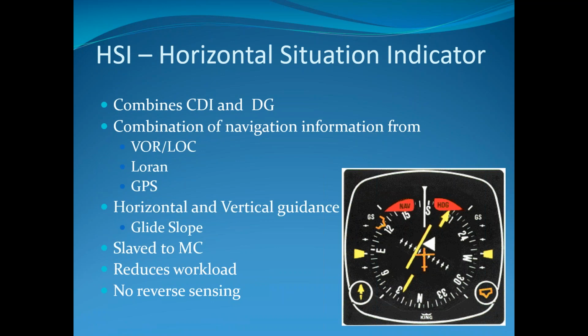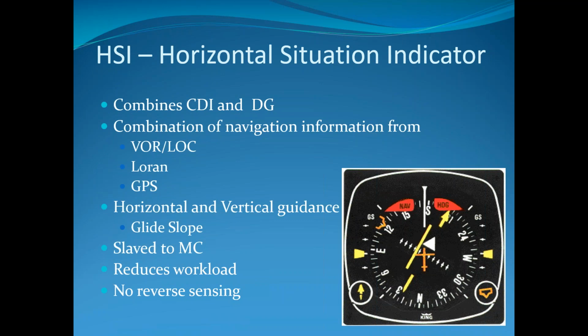This is called an HSI, Horizontal Situation Indicator. This isn't really something that we look too much into, or that you really need to know about. Just kind of covering it. It's just a combination of navigation information using a VOR localizer. It uses multiple systems basically to figure out where you're horizontally situated.